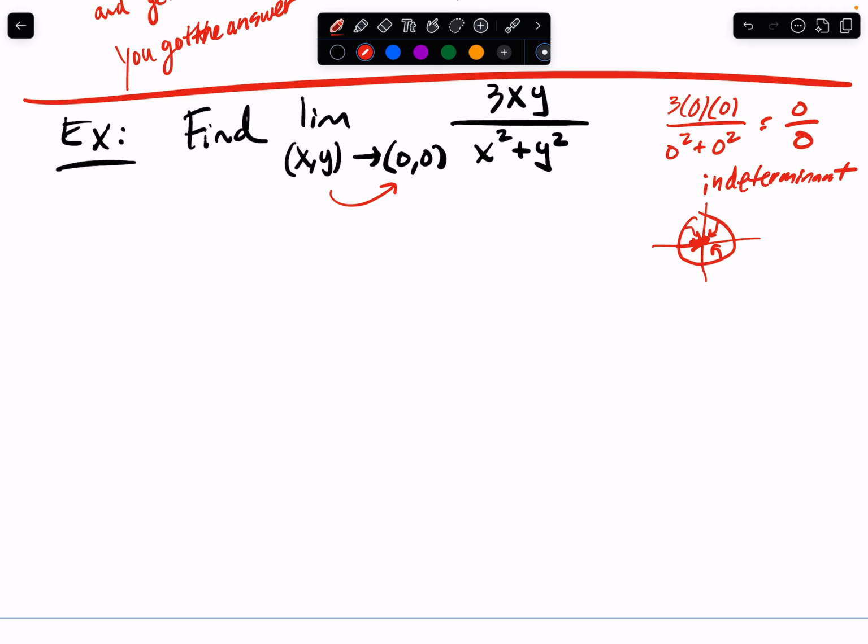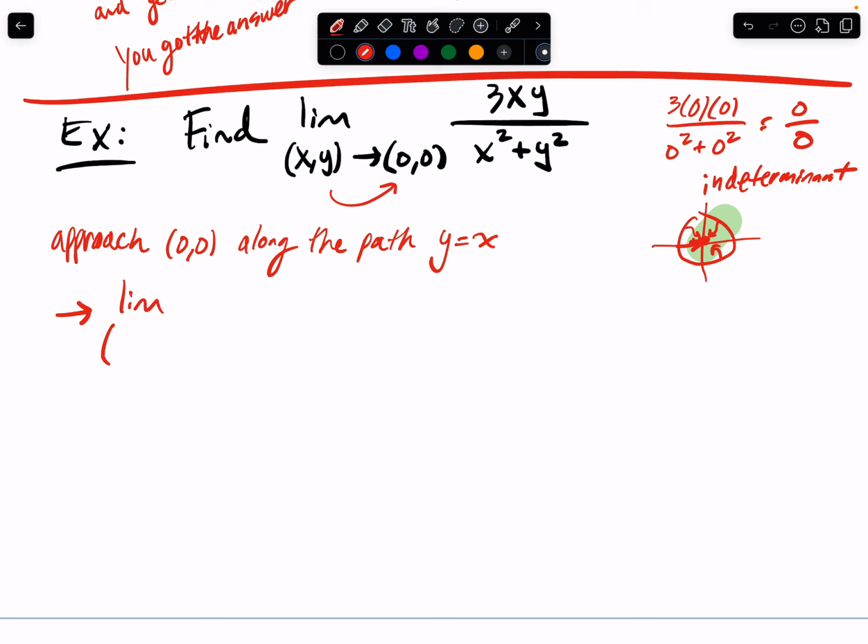All right, so let's pick a path. Let's approach (0, 0) along the path y equal to x. So what does that become? This becomes the limit as (x, y), but y is equal to x, so this is (x, x) to (0, 0).